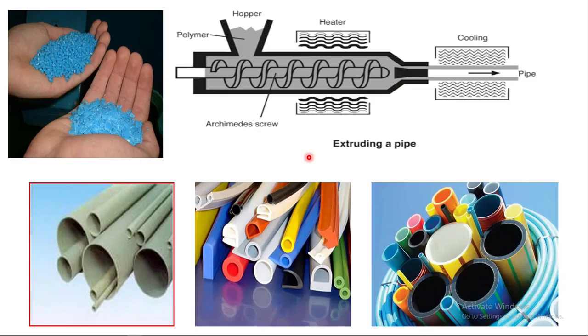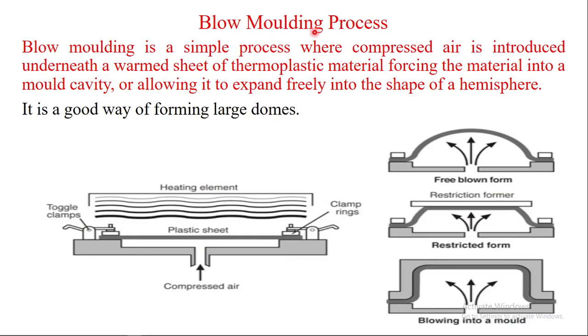This process is known as extrusion process, molding process, blow molding process. The second one is blow molding process. What is blow molding process? In the whole manufacturing process of plastic material, we use heat in different forms.